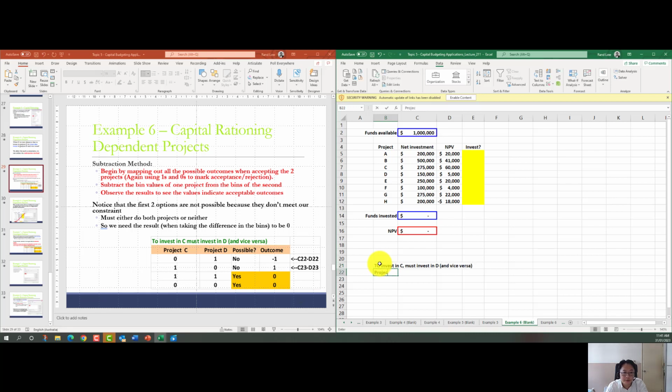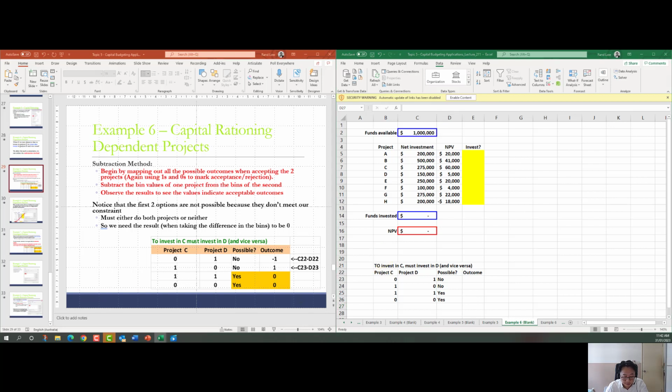So for project C, the values are 0 1 1 0 1 0 1 0, and we go no, no, yes, yes.